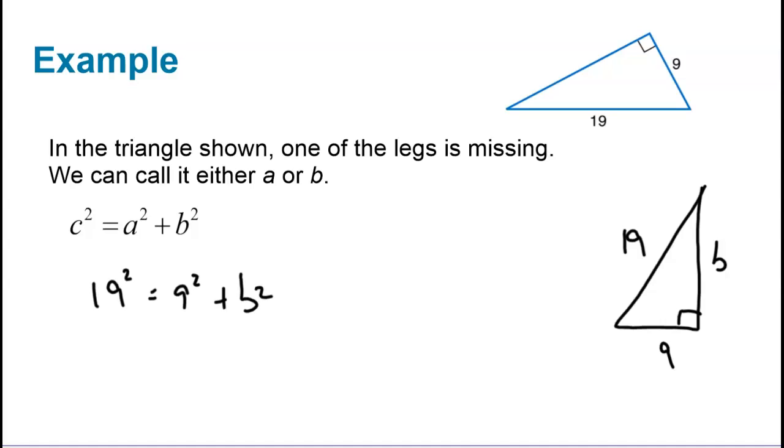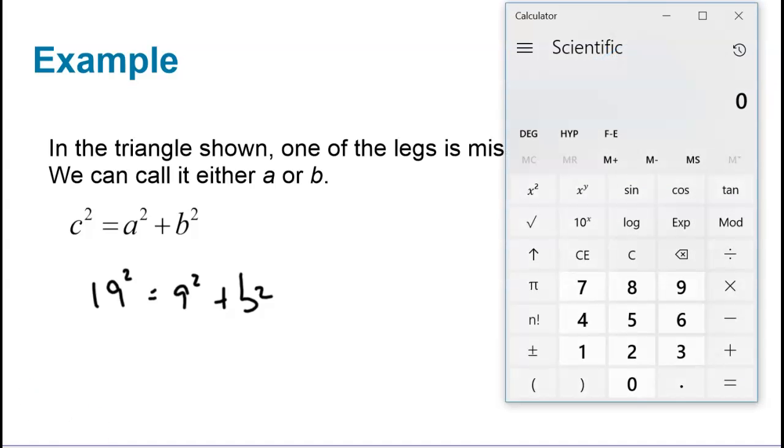And so let's just go ahead and calculate this out. 19 times 19 is 361, equals 9 squared, which is 81, plus b squared.